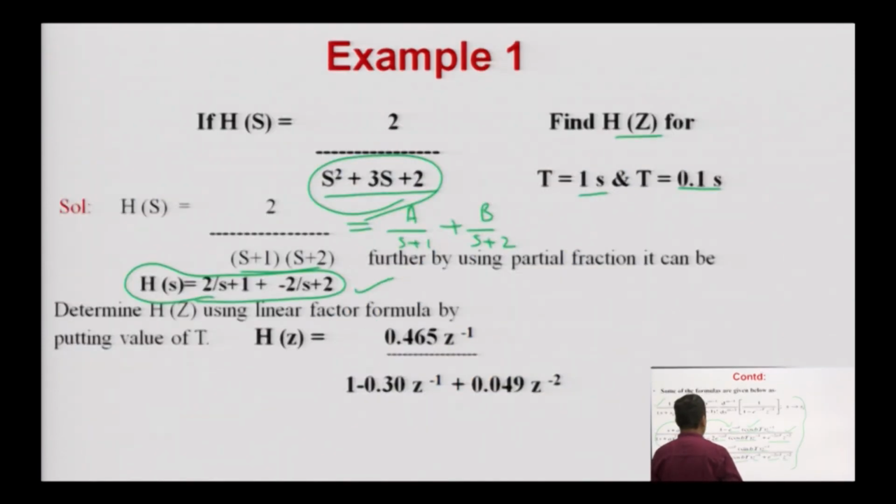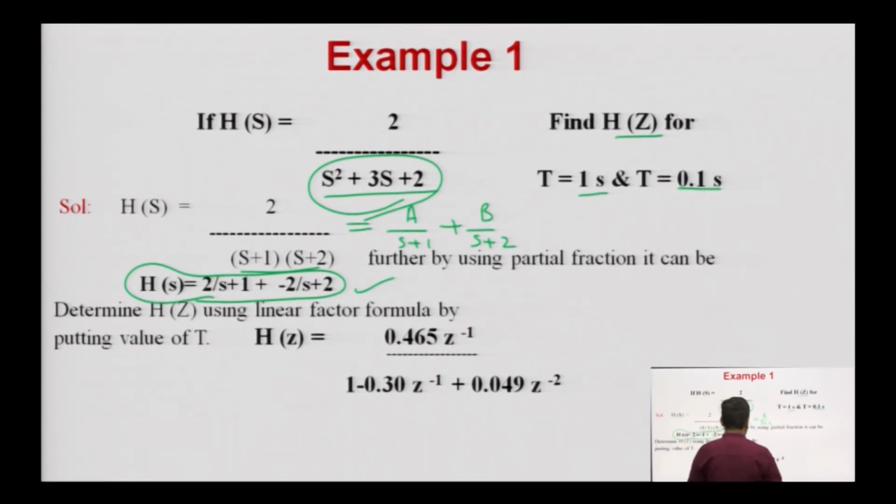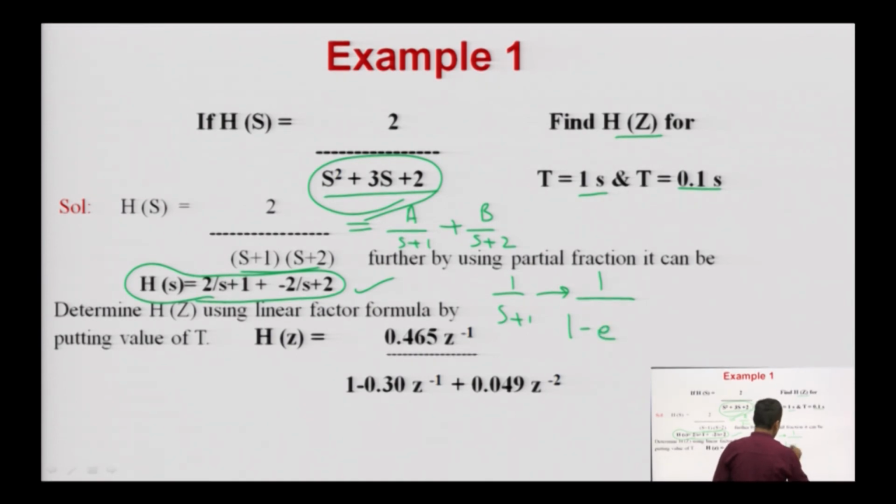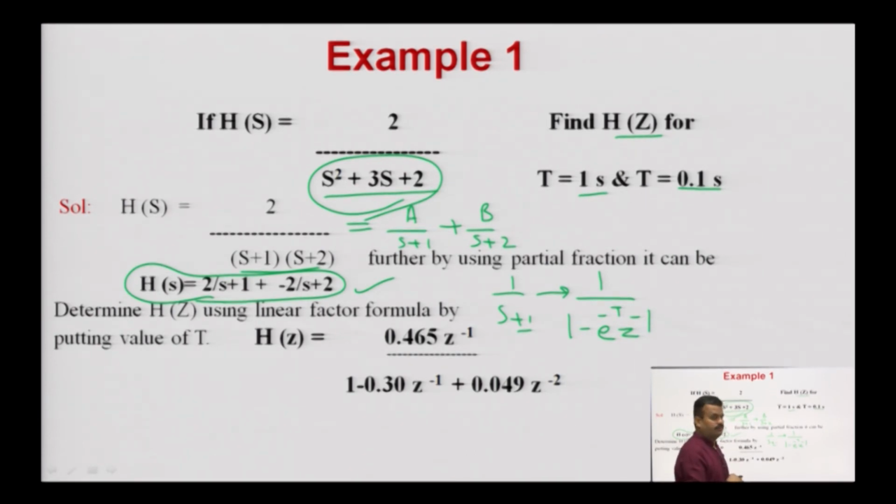So, here if 1 upon s plus 1 is there, it will be converted into 1 upon 1 minus e to the power p_i T z to the power minus 1. It means p_i here is minus 1. So, minus T, z to the power minus 1, directly you can put here.